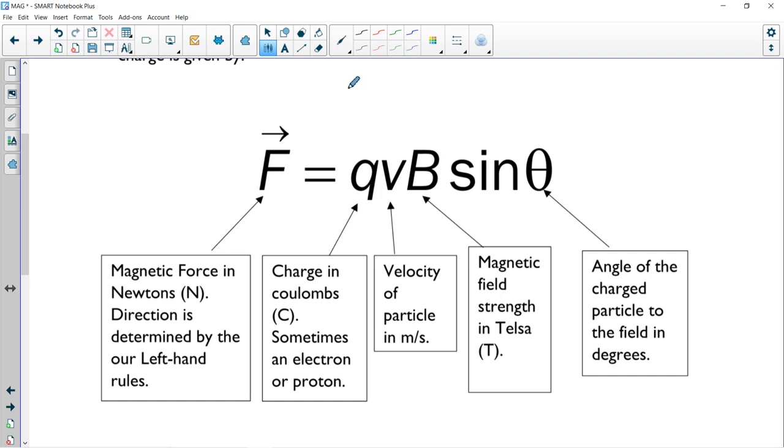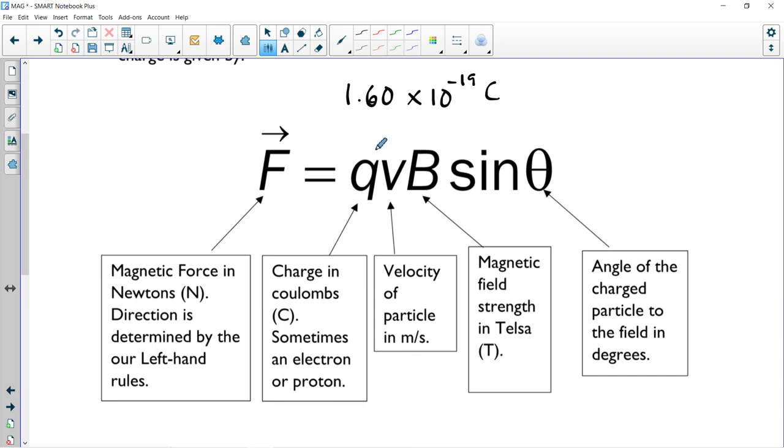The charge of an electron is 1.60 times 10 to the negative 19 coulombs. Obviously an electron would be negative and a proton would be positive. We don't concern ourselves with putting that negative into the formula, because we want to understand that the negative does not mean direction.